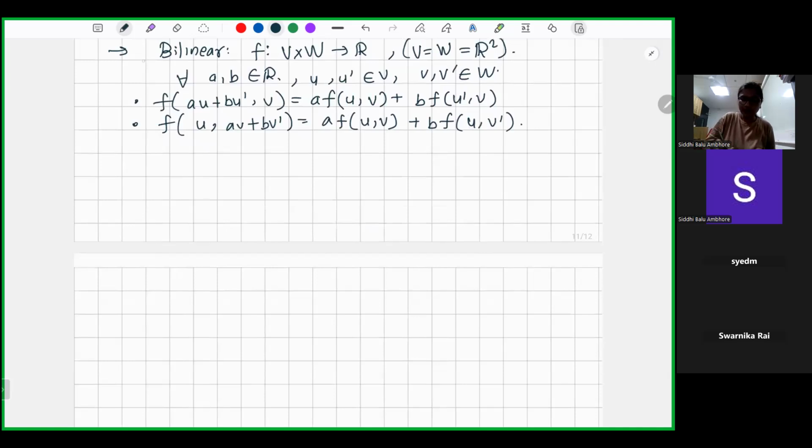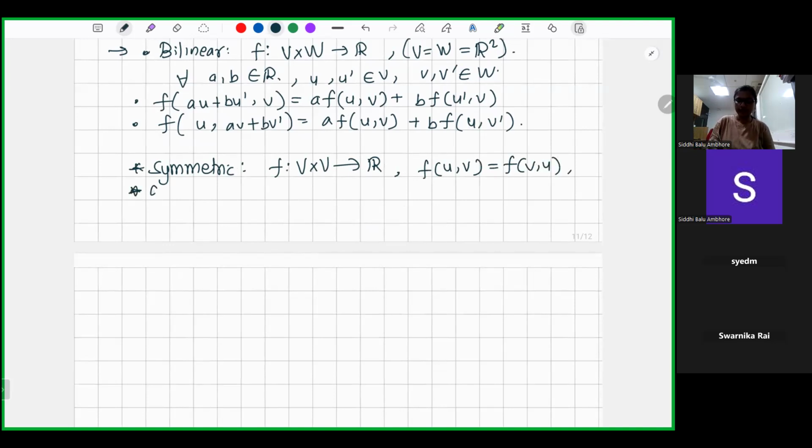And the symmetric property is that for symmetric, we must have, first of all, that both the vector spaces must be the same. And the property it must satisfy is f of (u, v) is equal to f of (v, u).